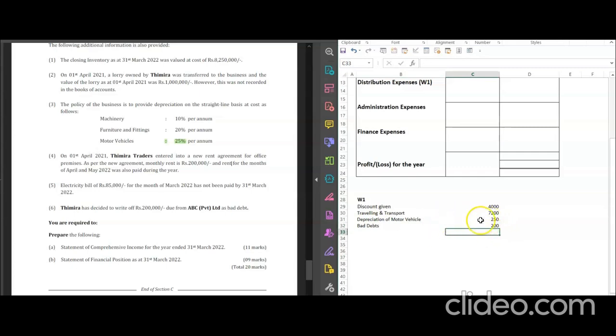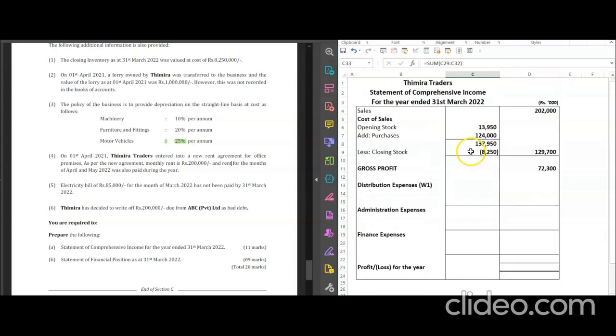So altogether, what we are seeing now here is working one, that is distribution expenses. So let us see the total of that. So 11,650. This 11,650 is the total of distribution expenses.